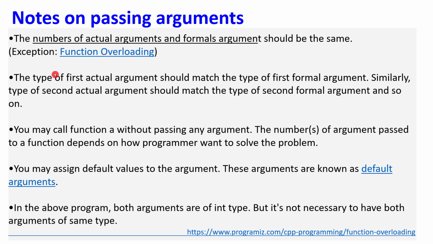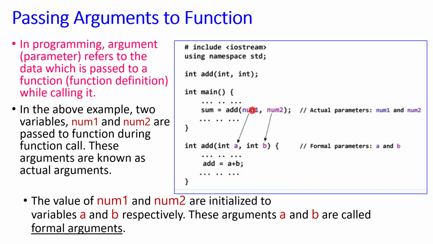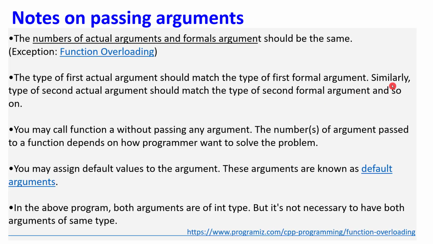The type of the first actual argument should match the type of the first formal argument. That means if number one is of integer type, a should be an integer. If this is a float, this also should be a float. Similarly, the type of the second actual argument should match the type of the second formal argument, and so on.